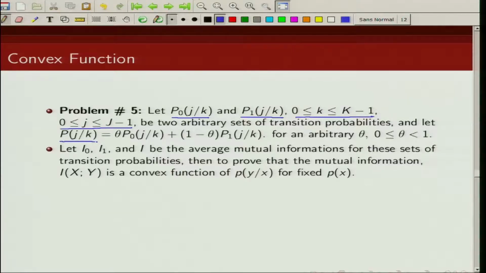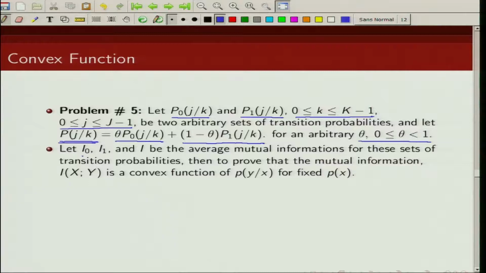We define p of j given k as theta times p0 j given k plus 1 minus theta times p1 j given k, for some theta which lies between 0 and 1.